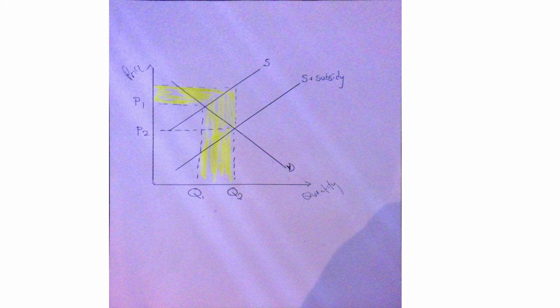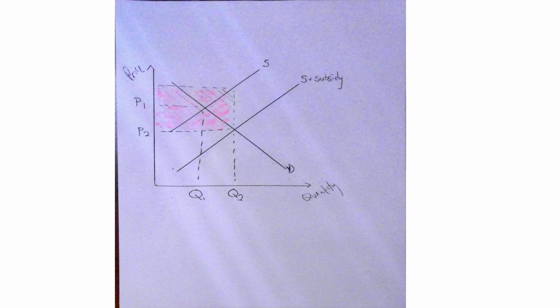S did shift to S plus subsidy. The subsidized quantity was Q2 at the lower price of P2. And to find the change in the producer revenue, we went upwards from Q2 and extrapolated. I joined the little dots until I came to the original S curve. And I realized it's a very good thing for the producer. He's getting extra revenue.